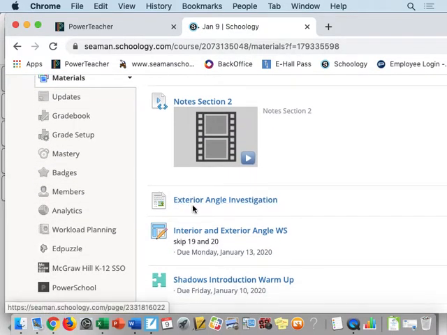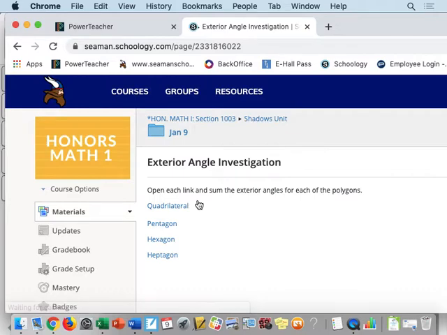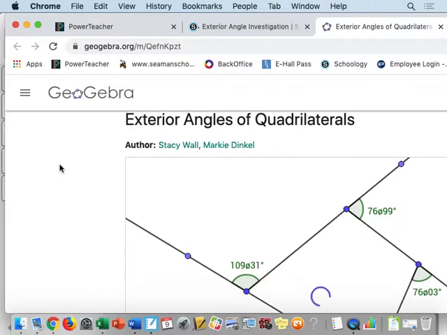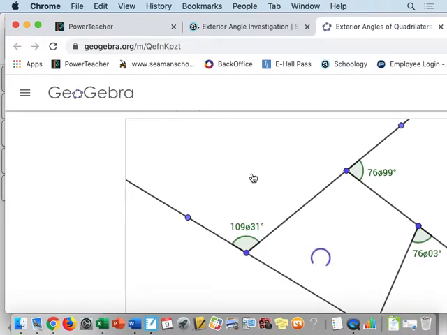Scrolling down, it says exterior angle investigation. Click on that page, and then there are 4 links. So these are preset shapes in GeoGebra. So you can click on the first link for quadrilateral.